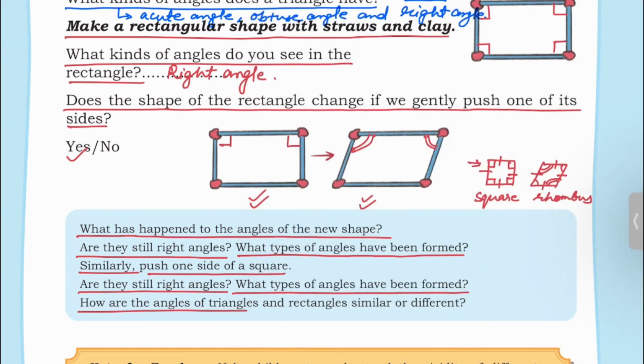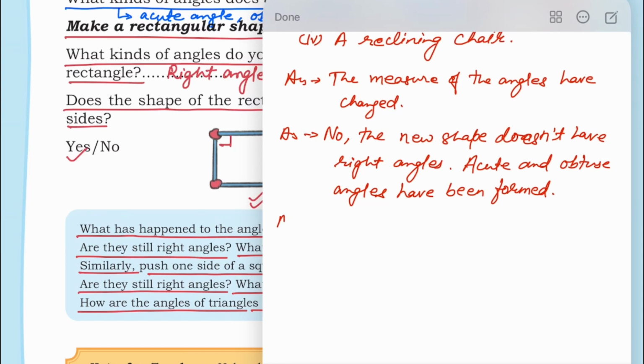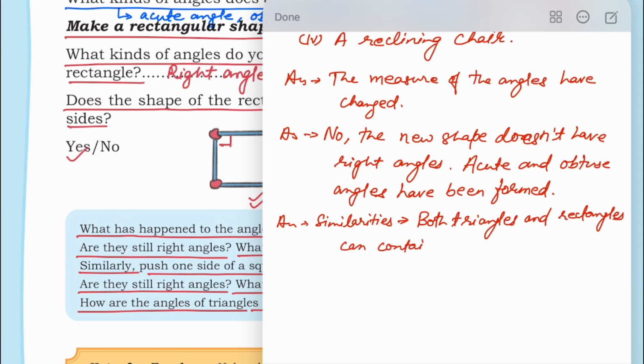How are the angles of triangles and rectangles similar or different? Answer: similarities. Both triangles and rectangles can contain right angles.